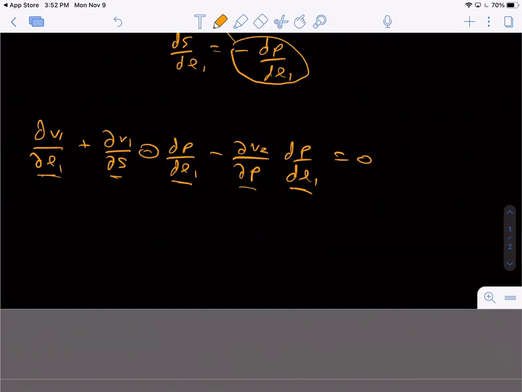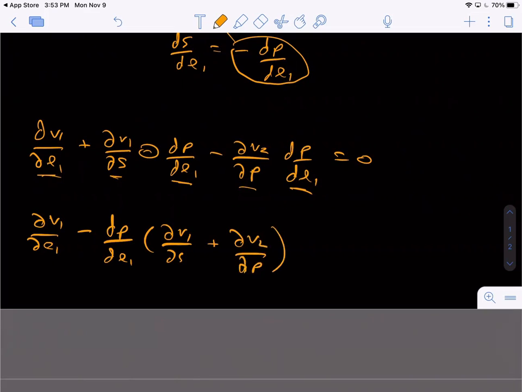So if I rearrange this, we get dV1 by dE1 minus dP by dE1 times dV1 by dS plus dV2 by dP, equals 0.